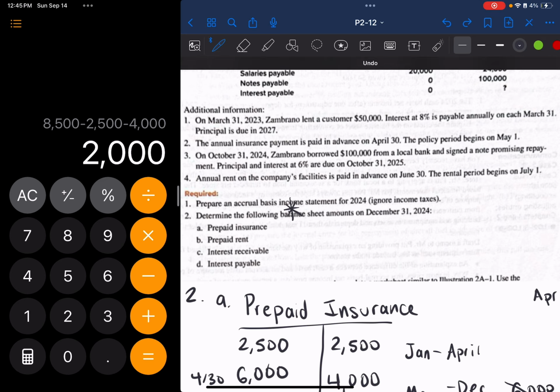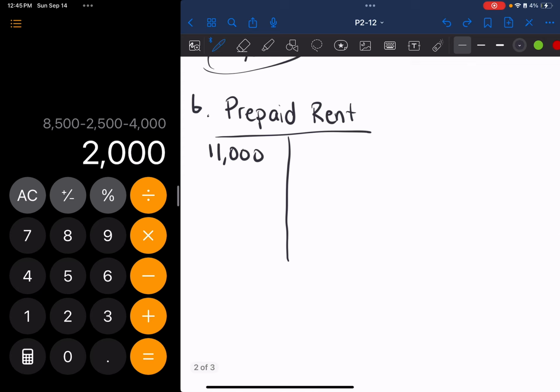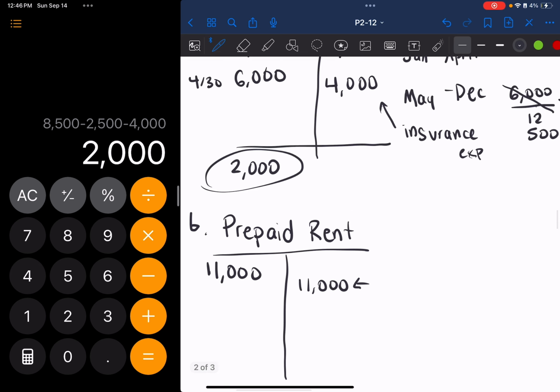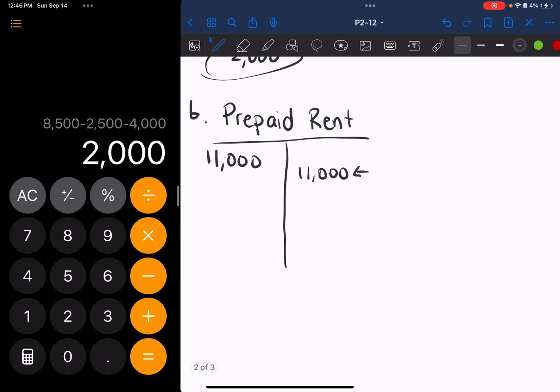And so I assumed that this 11,000 is used up during the year, because they have to have incurred rent expense throughout the year. So even though the problem doesn't explicitly say it, I think it's an assumption you're supposed to make. So then this would represent a rent expense from January through the end of June.